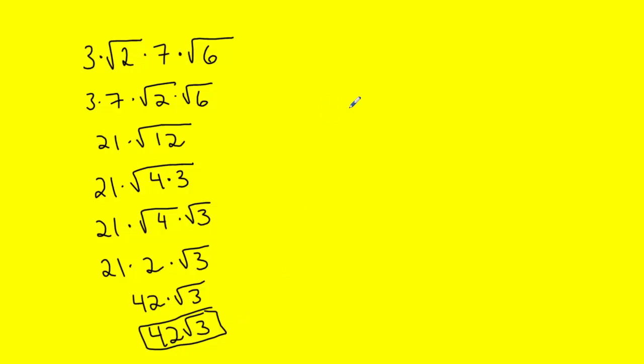And then I'll do one more example, and let's say, 7 square root of 6 times 2 times the square root of 8, and I'll put times 3, so an extra number.